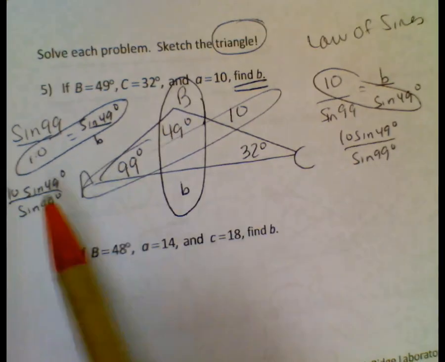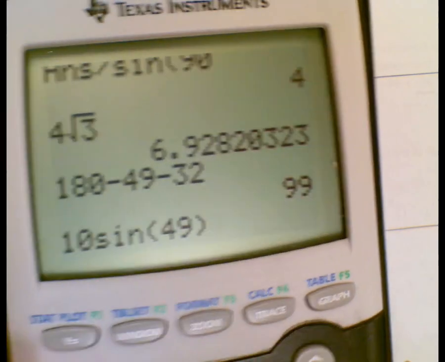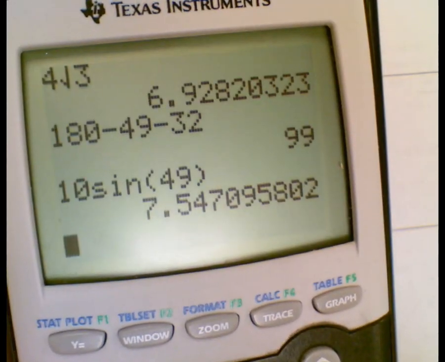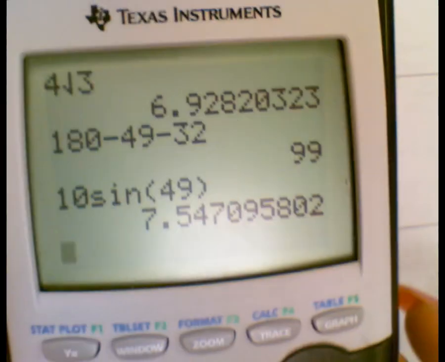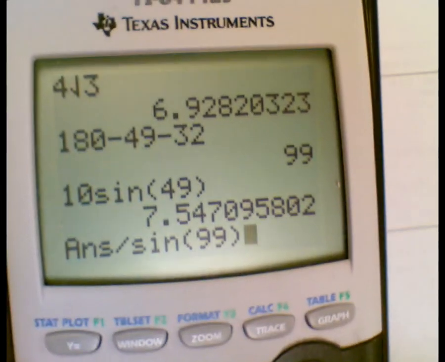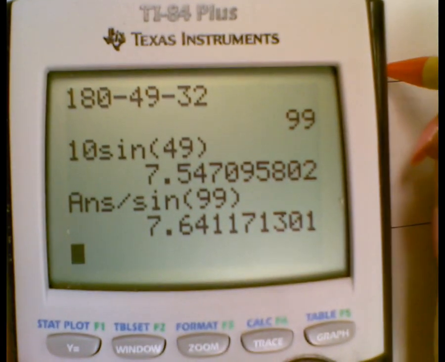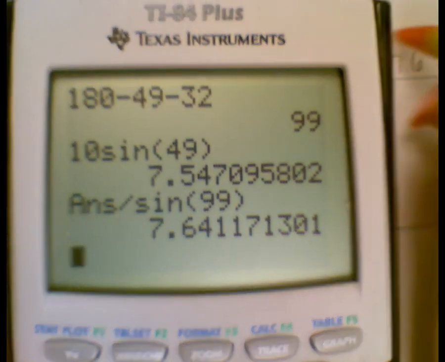So it doesn't matter how you set it up. But right now we're doing 10 sine 49. Close your parentheses. Equals. Divided by sine 99. You get 7.6. So B is 7.6.